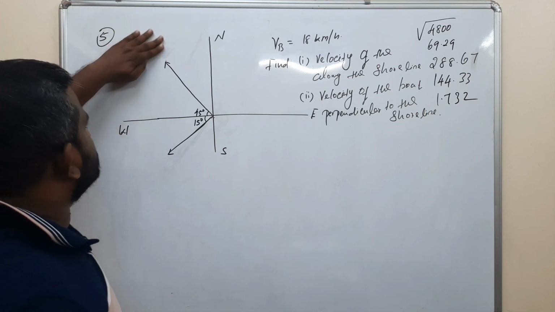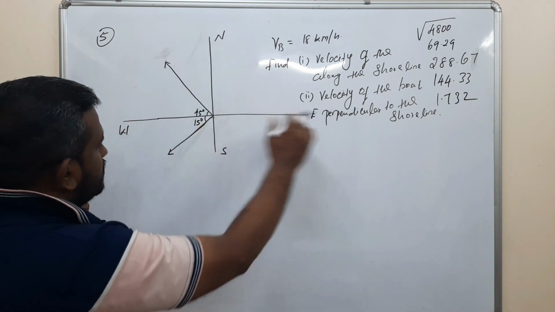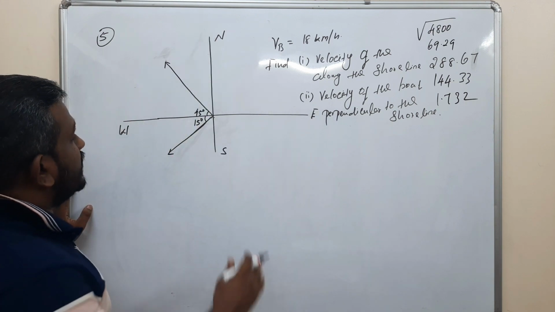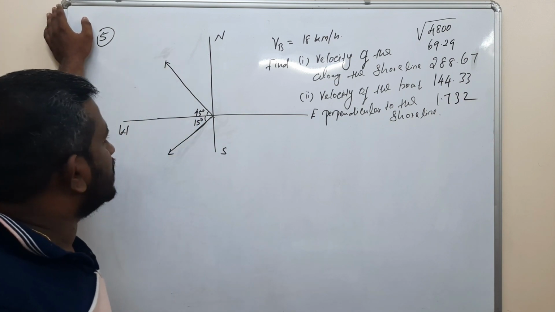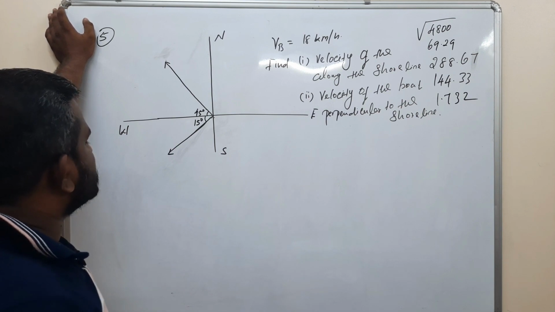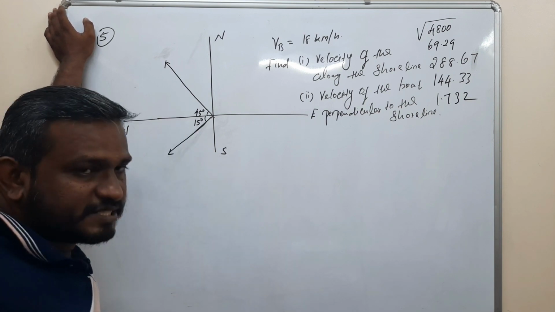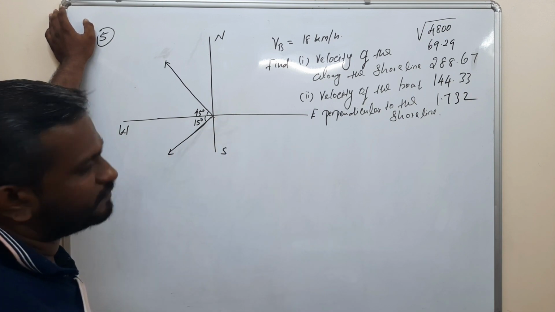So understand or visualize the situation. This is the north-south direction and this is the east-west direction. A man is rowing a boat in the northwest direction with a velocity of 18 km per hour, which makes an angle of 45 degree with the west. So the shoreline makes an angle of 15 degrees south of west.